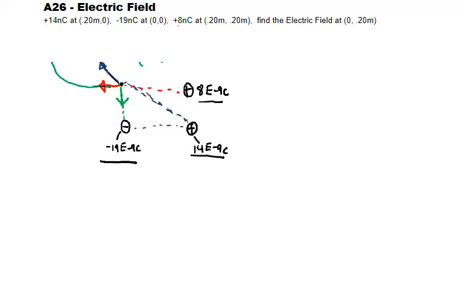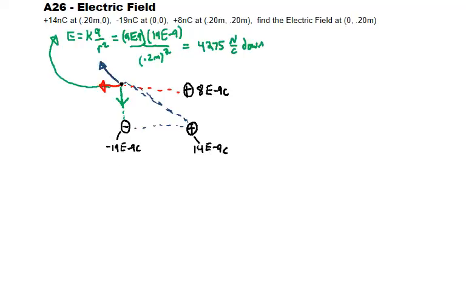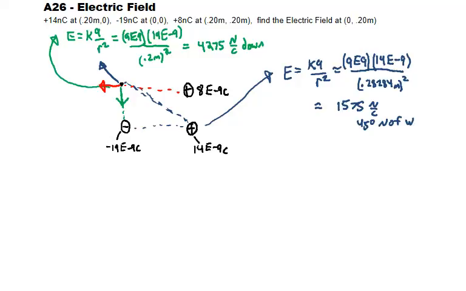For the negative 19 times 10 to the negative 9th coulomb, we've got 4,275 newtons per coulomb downward. For our bottom right charge, the field that it's going to cause there is 1575, 45 degrees north and west.